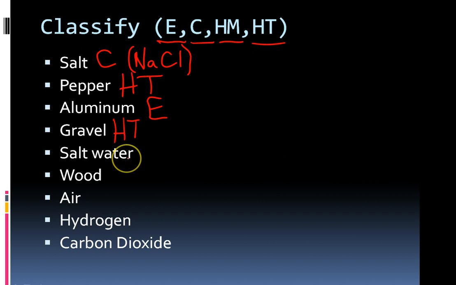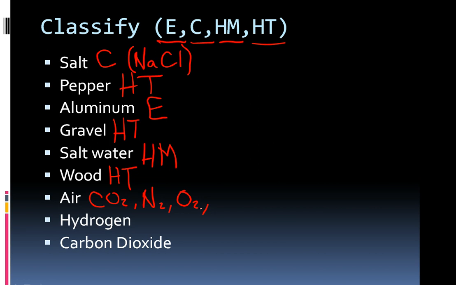Salt water. That's another type of solution, and it looks the same throughout. That is going to be our homogeneous mixture. Wood. If you look at wood, it has different colored particles, so that's going to be heterogeneous. Air. Air is one that a lot of people get confused, but if you think about it, there's carbon dioxide, there's nitrogen, there's oxygen, and a bunch of other gases floating around, and they're all mixed together.